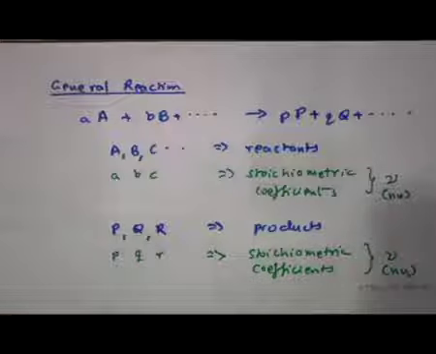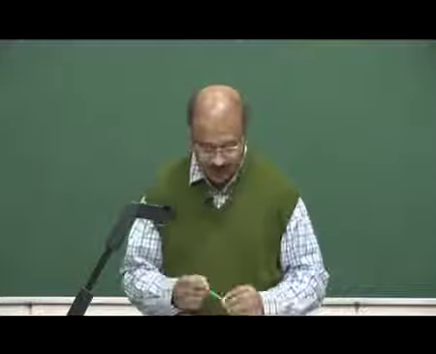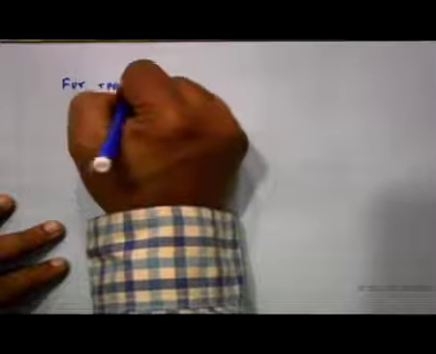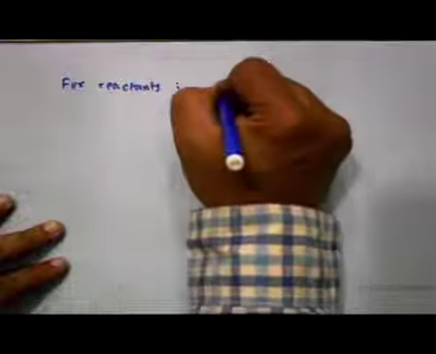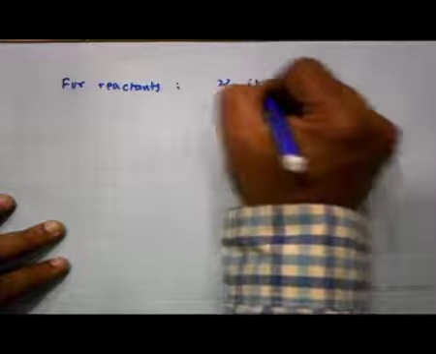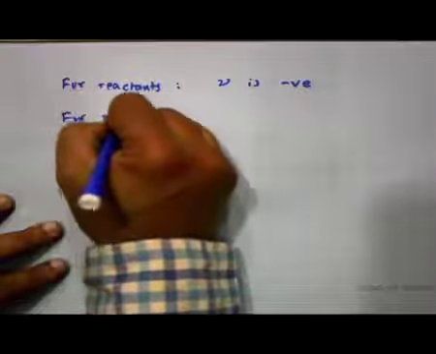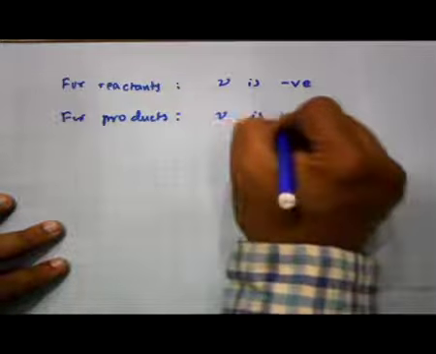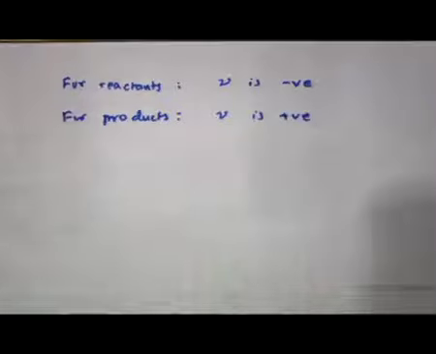If the general symbol of the stoichiometric coefficient is nu, then, and this is extremely important that we understand, for reactant species this nu is a negative quantity. For products, nu is a positive quantity.